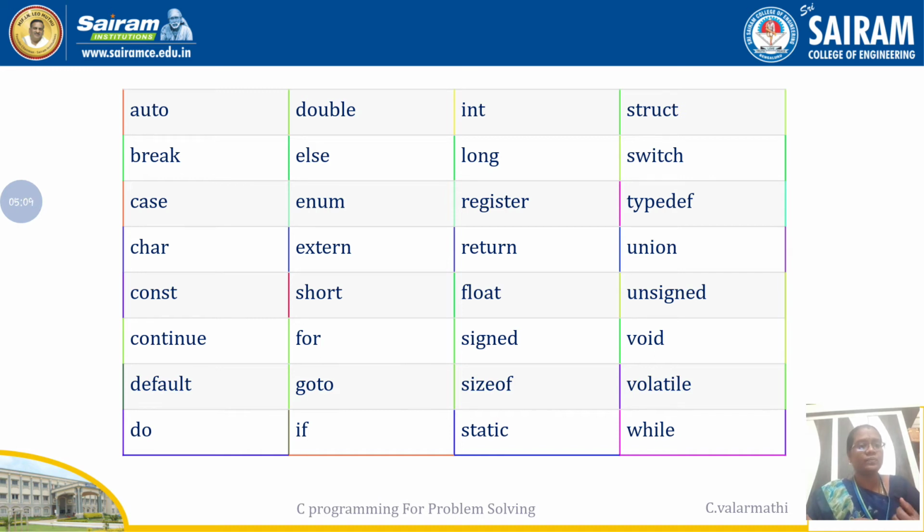When while is a keyword, it has a meaning: while is one of the loops. goto is a keyword meaning the compiler will go to a particular label. default is a keyword: the statement written below it is the default statement, and if no cases are matched, the default operation is carried out. extern means the following variable is an external variable. long means the variable is a long integer data type.